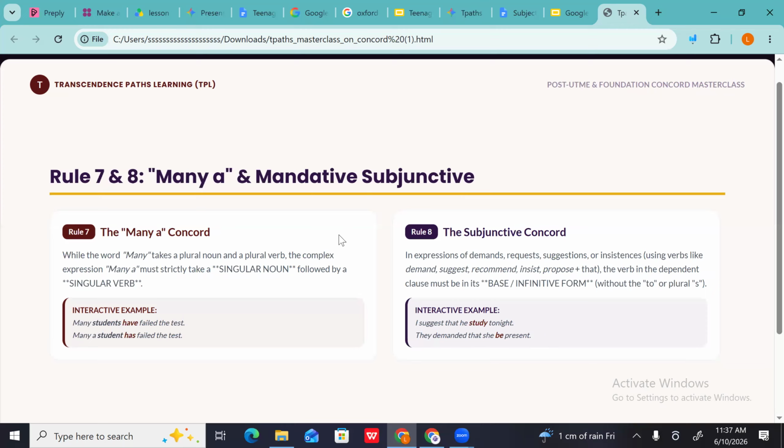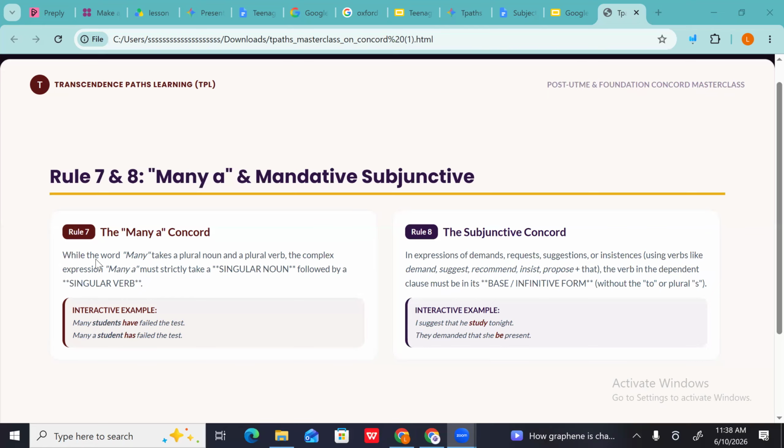So the next rule now is what? Many a, plus the mandative subjunctive. The many a concord. While the word many takes a plural noun and a plural verb, the complex expression many a must strictly take a singular noun followed by a singular verb.